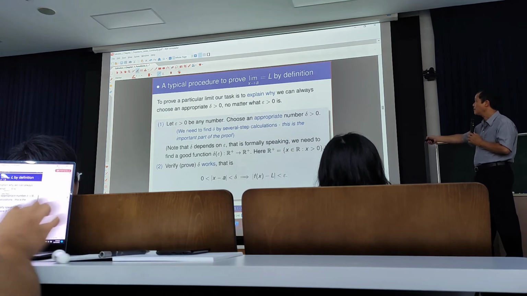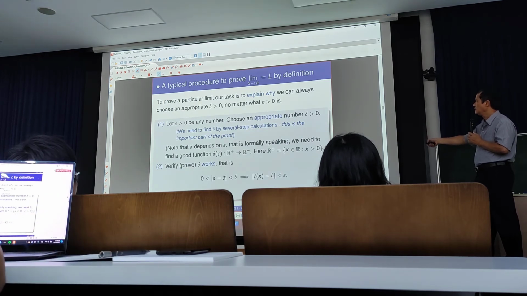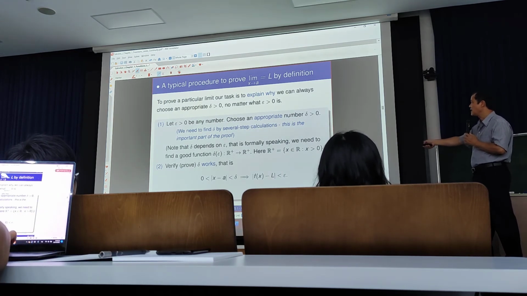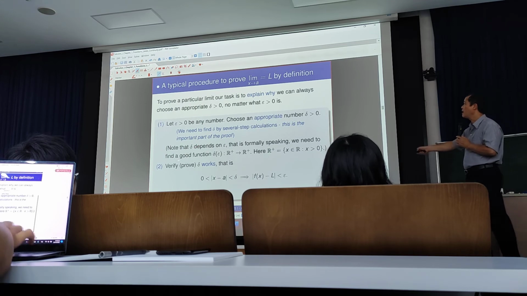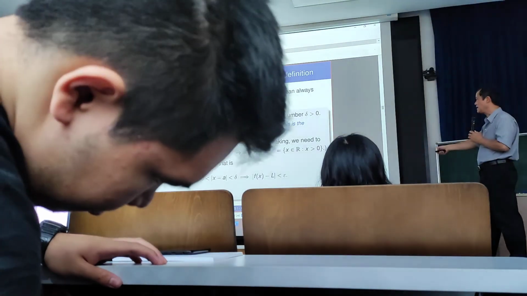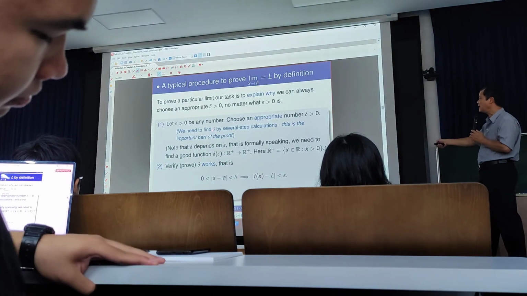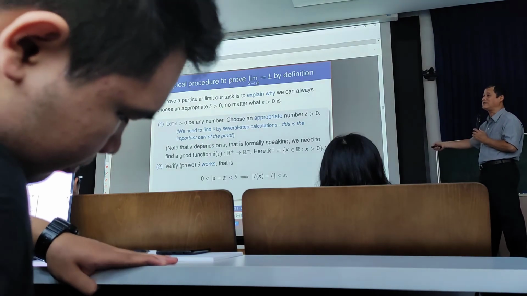After having delta in your hand, you have to prove or verify that yes, my delta works for the definition.